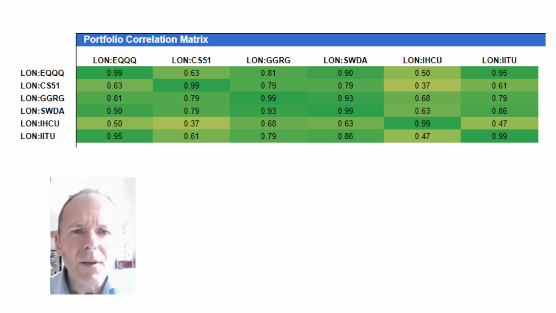So looking through the top 10s of the ETFs that I've highlighted, you'll notice there is quite a lot of correlation, and what we can do is pull the price data into a spreadsheet and then run a correlation matrix on it. And what you'll see is that a global tracker is 90% correlated with the NASDAQ 100, which is pretty high.